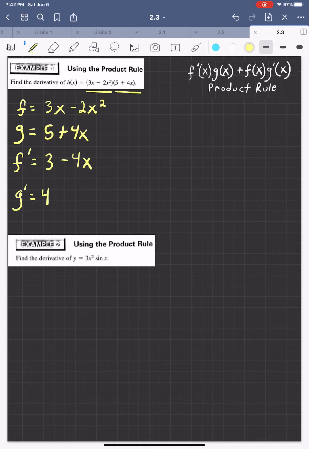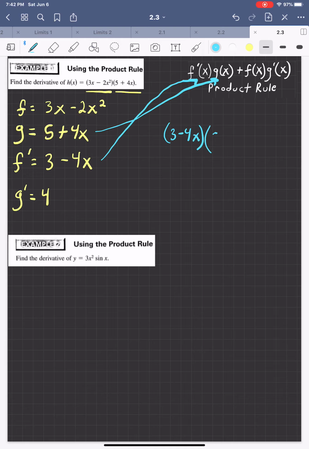So now, notice that I have all of the work out of the way, and I can just plug everything in to the right spot. So let me do that now. So I'm going to plug in f prime for here. So this would be 3 minus 4x. Then I want to multiply that by just g.